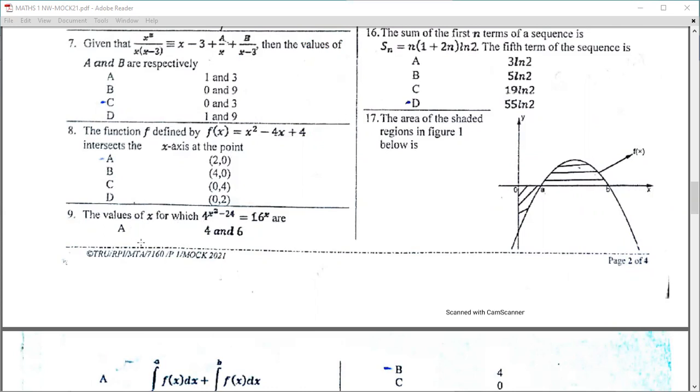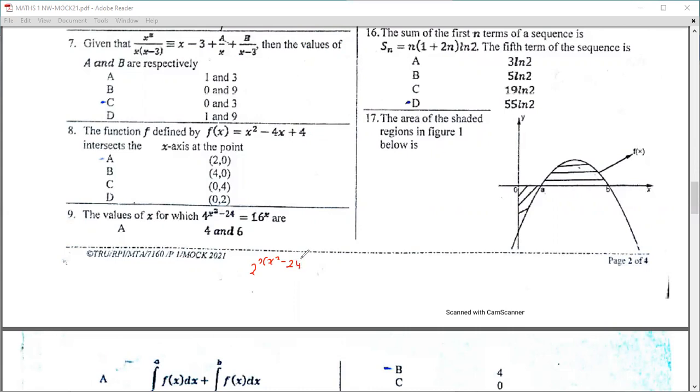For us to find these values, we start by expressing everything with a common base so that we can equate the powers. 4 is the same as 2 to the power 2. And then we have x squared minus 24.